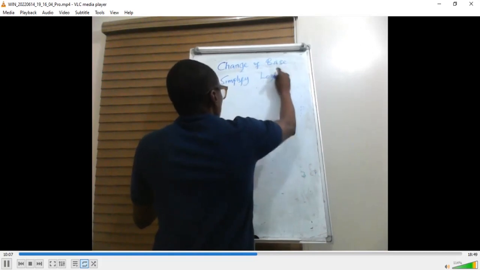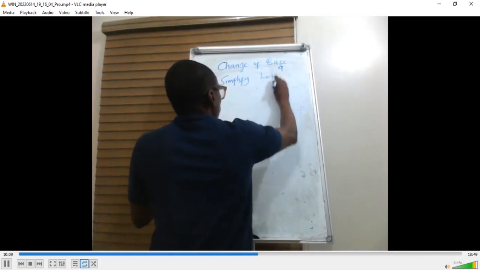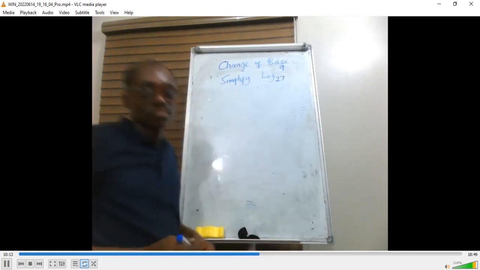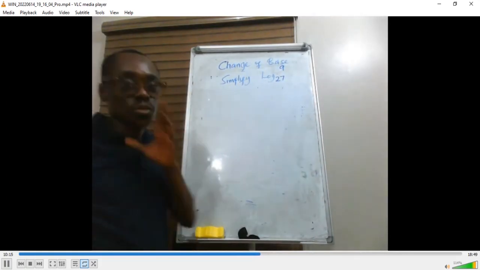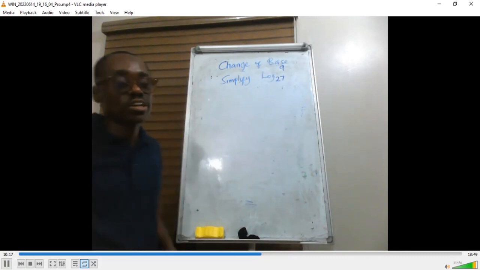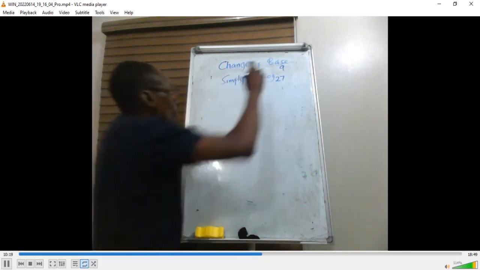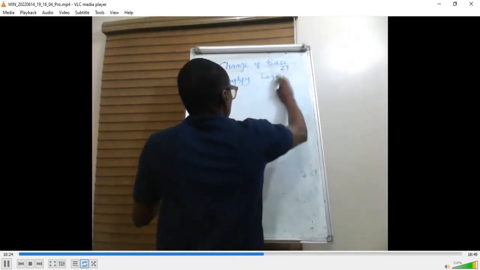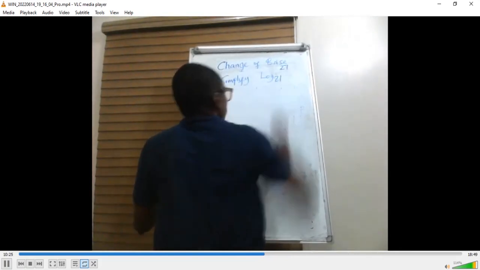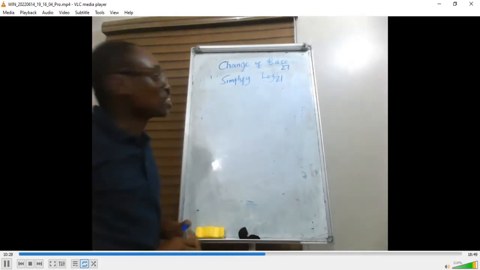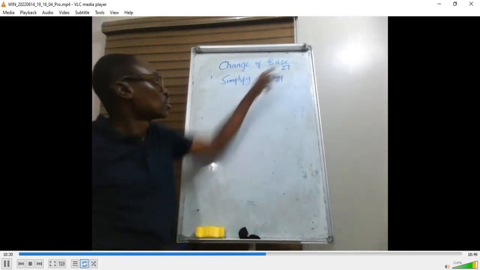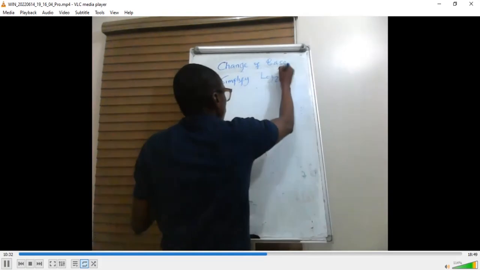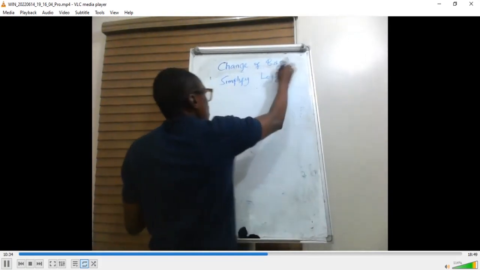So let's assume we have log 9 to base 27. Or let me change it to log 27 to base 81. Simplify log 27 to base 81.